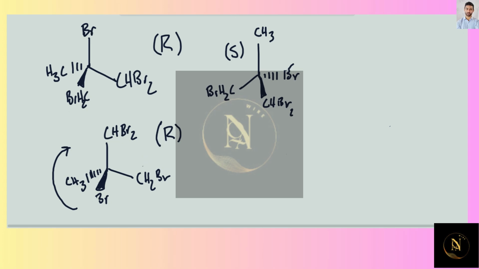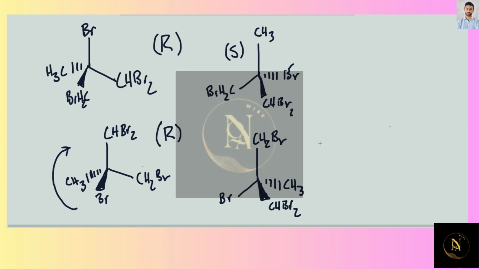Okay, and for the last one, we've got a bond straight up to CH2Br, down and to the left to bromine, a wedge to CHBr2, and a dash to our methyl group. Very convenient.